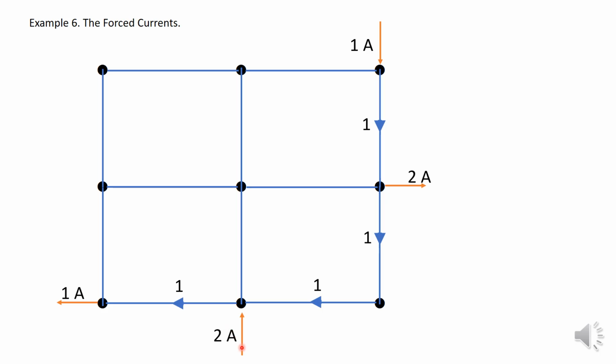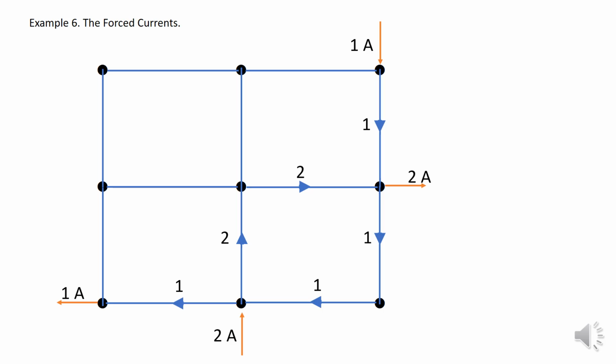And this 2 amps, I'm going to let it flow along this branch, and then this branch, and then out. So that will satisfy Kirchhoff's laws. If I follow these paths, I get flows that satisfy Kirchhoff's laws.